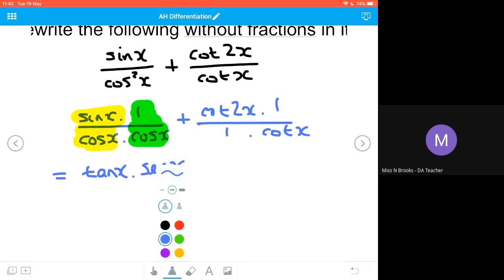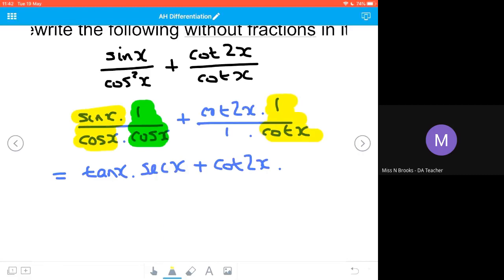And for my second fraction, I'm going to leave my cot 2x as it is, and my 1 over the cotangent of x is going to give me the tangent of x. So I end up with tan x multiplied by sec x plus cot 2x multiplied by the tan of x.